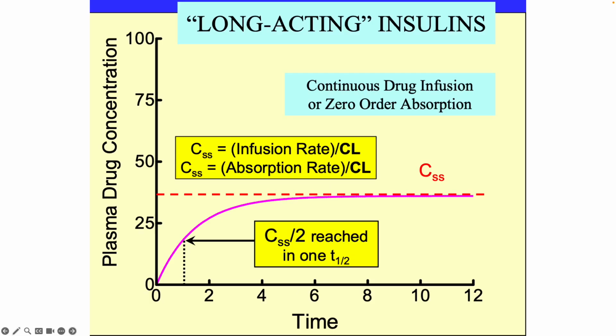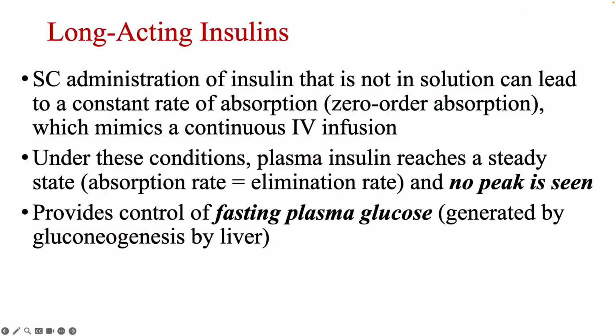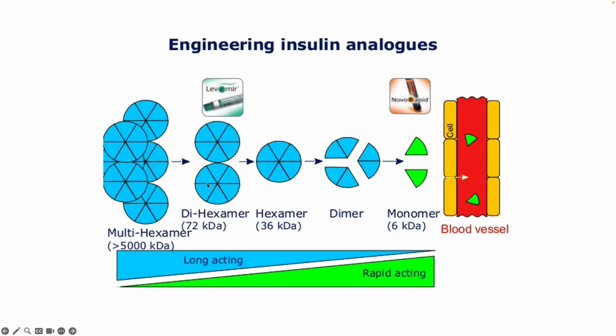The way this is achieved is by engineering insulin formulations to form hexamer depot preparations. Only free insulin, these little green triangles, will be able to have an effect on its receptor.